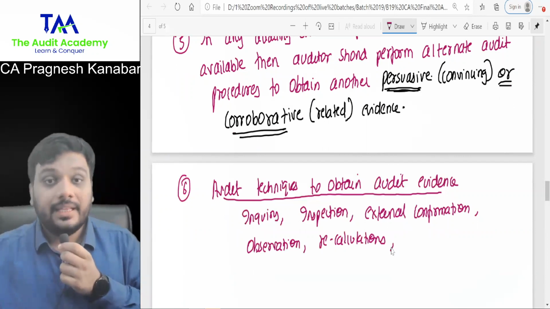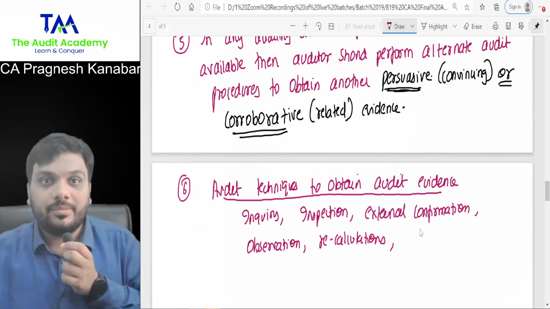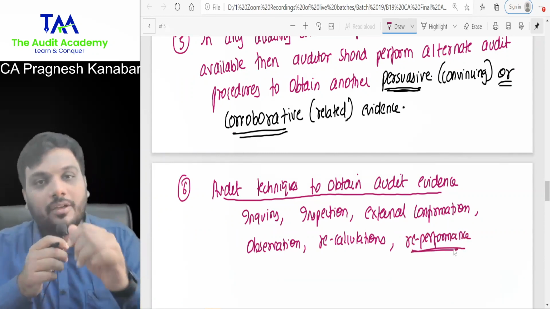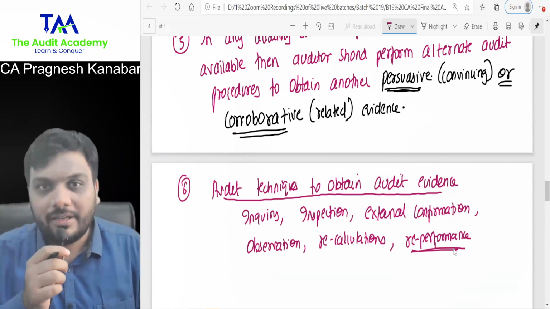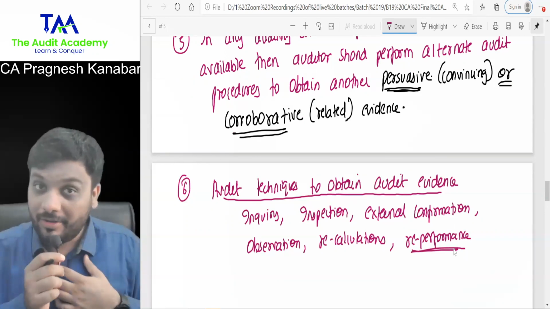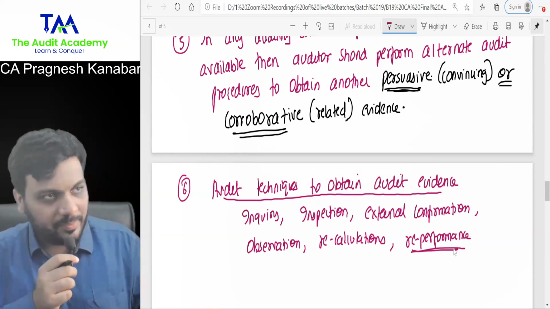Then the biggest technique that you are using in articleship is re-performance. You will go to the employees and tell them, can you tell me exactly how this process is done?